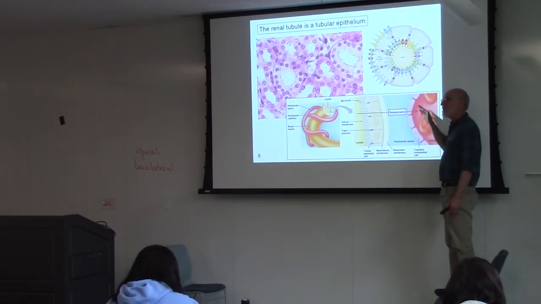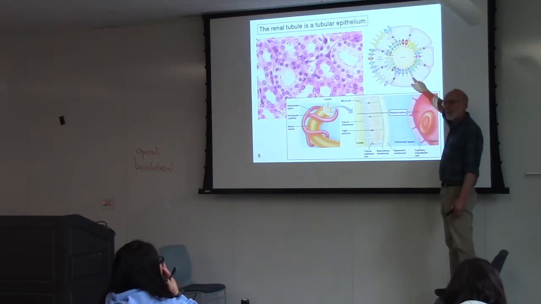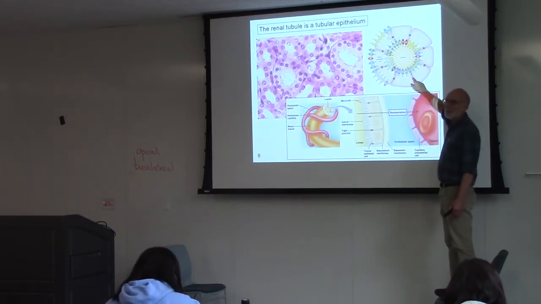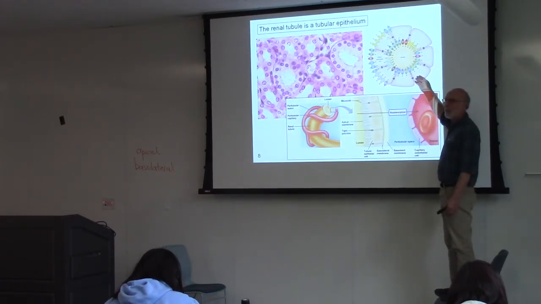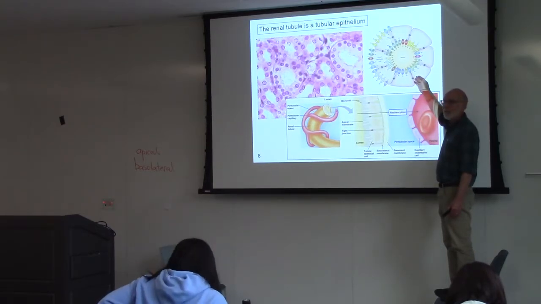And these junctions can either be tight or leaky. So we have tight junctions and we have leaky junctions. We're actually going to need to know that information. Some of these junctions are tight, that is to say they're waterproof, watertight, and some of them are leaky. They allow things to go through.